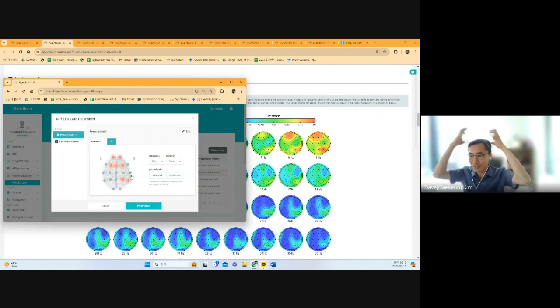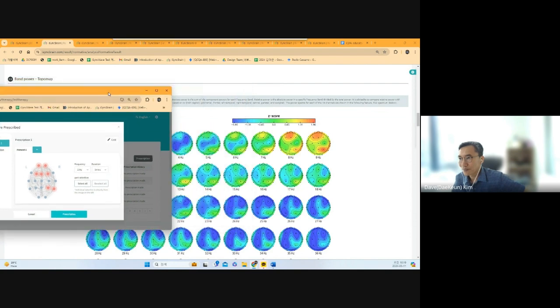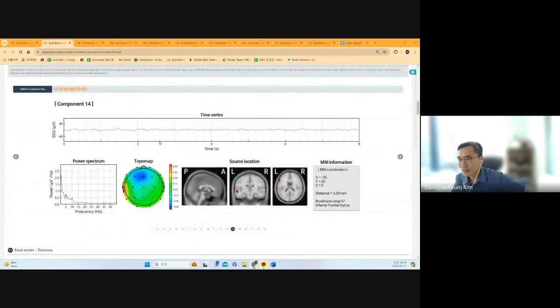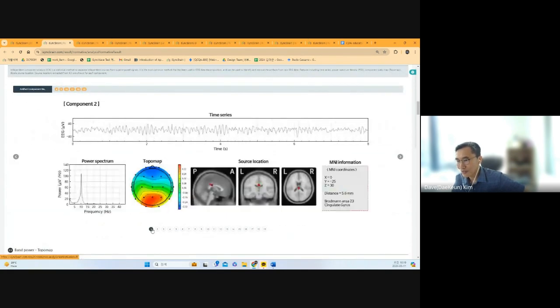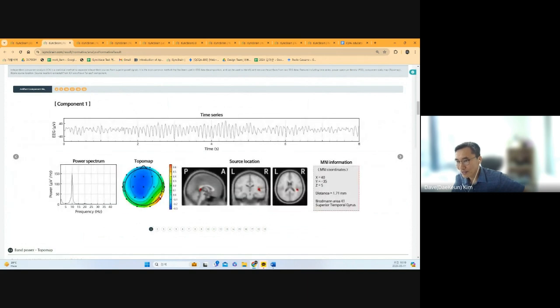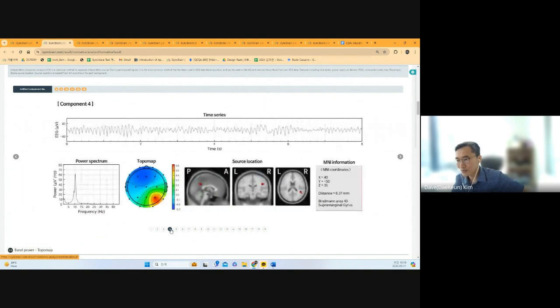Once we get the QEEG from this patient, we can find many abnormal component information from iSyncBrain.